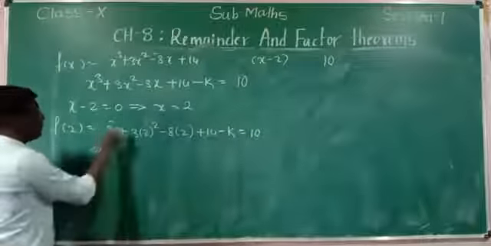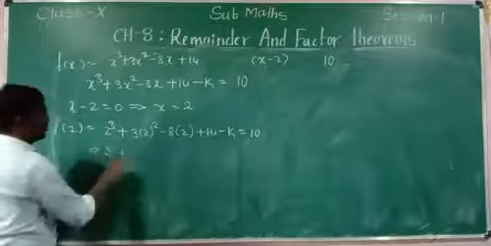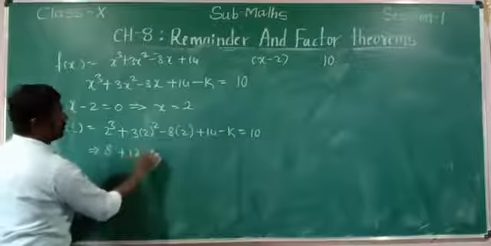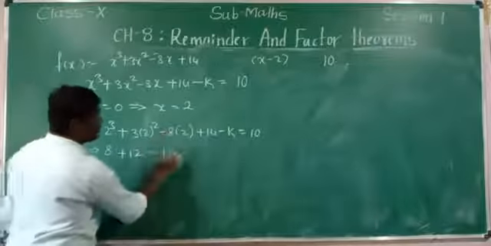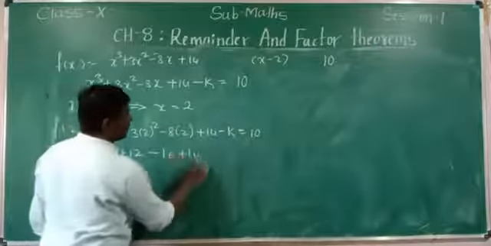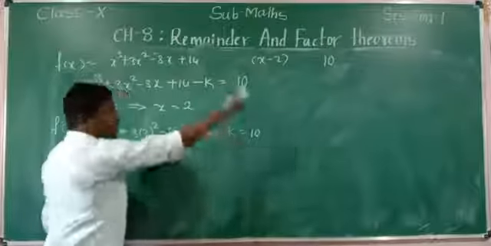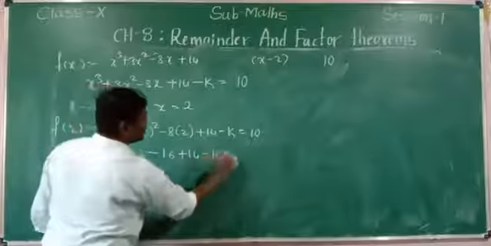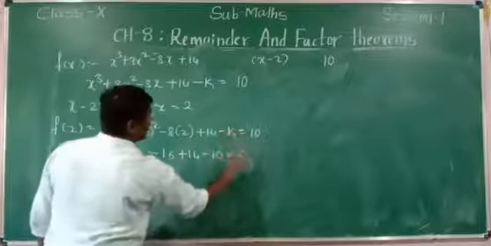Now 2 cube is 8, plus 2 square is 4, 4 3s are 12, minus 8 2s are 16, plus 14 minus k. Take this minus k to the RHS side and 10 to the LHS side. It becomes minus 10 and minus k becomes plus k.